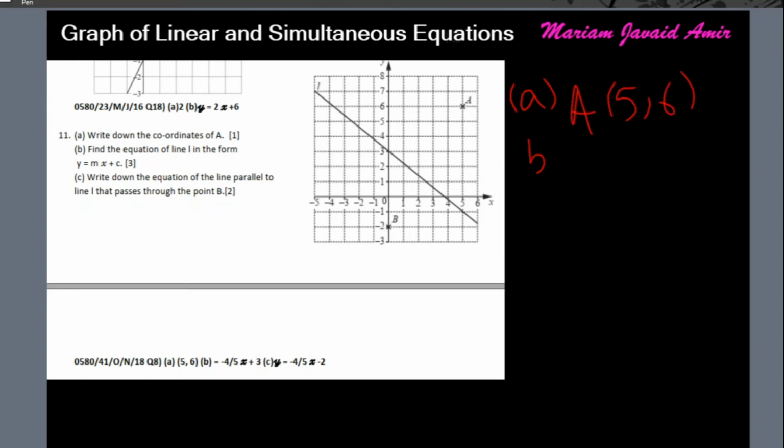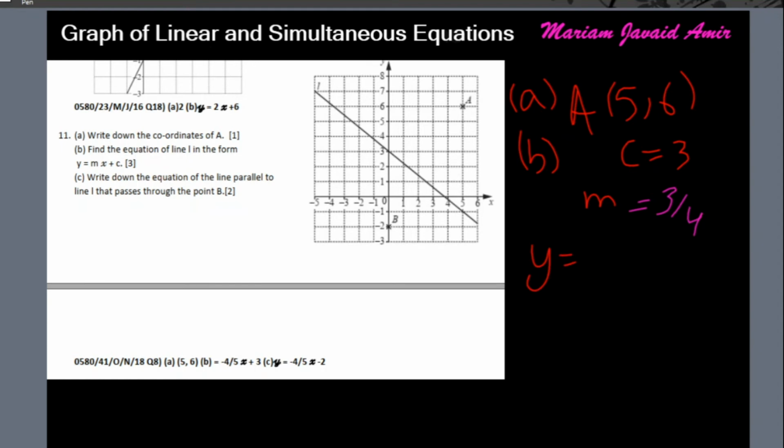Okay, part B, find the equation of line L in the form y equals mx plus c. c is very clearly 3. We need to find m, so that means we need rise over run. Let's use this rise, which is 3, and this run, which is 4. So m is 3 by 4.